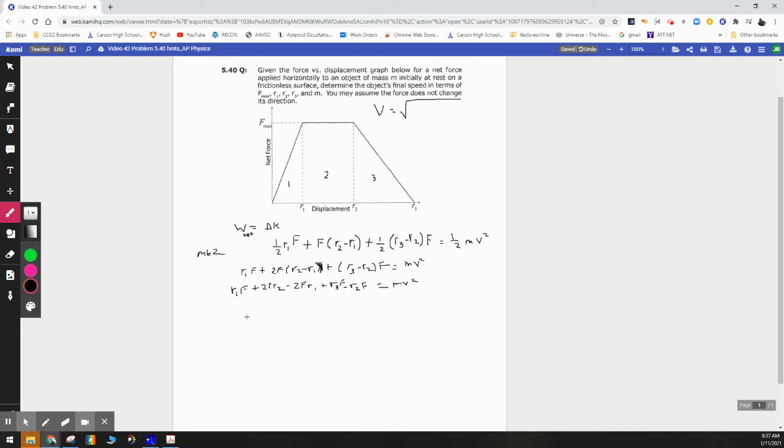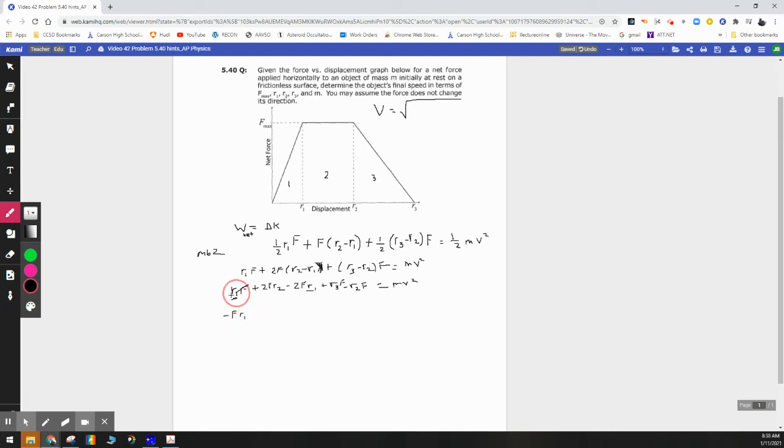Now let's do some simplifying. Here's an R1F and here's a minus 2R1F, so that's just going to be minus F R1.